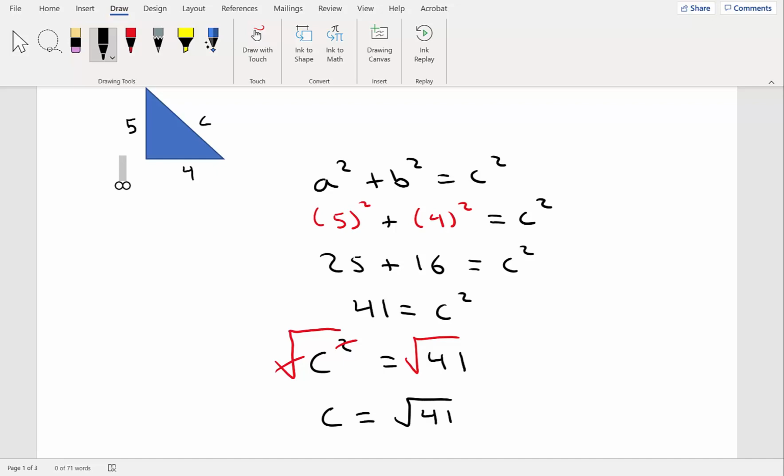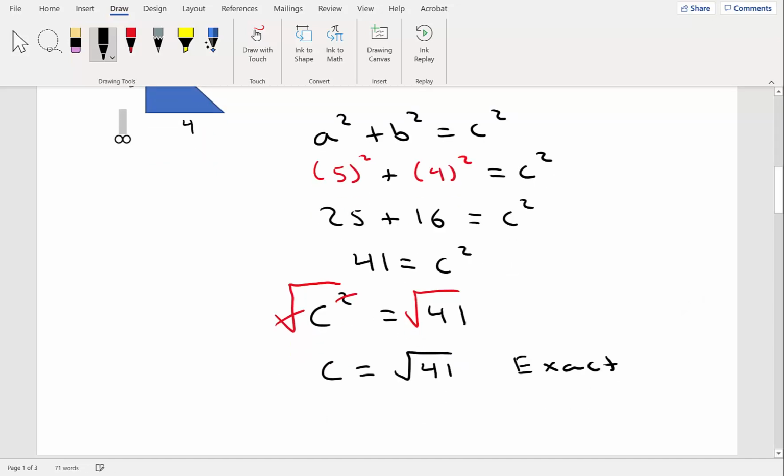So the square root of 41 is my exact answer. Now to get an approximation, we have to put the square root of 41 into our calculator. Since the square root of 41 doesn't give us a whole number, it's going to give us a decimal, and that decimal is a number between 6 and 7.